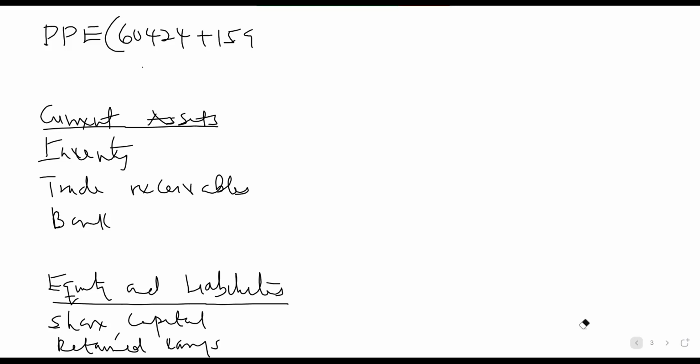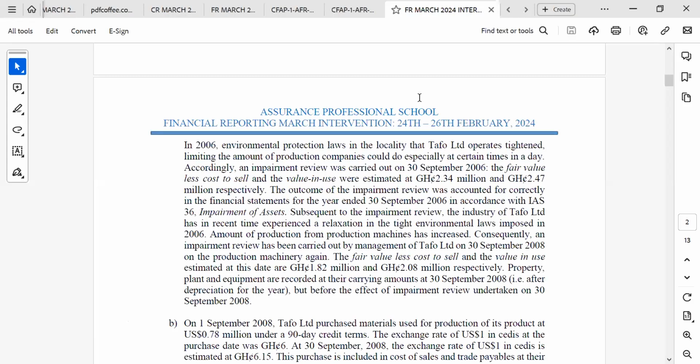All right, so let's take the second footnote. It's very simple. On September 1, 2008, Tafo Limited purchased materials used for production of its product at $0.78 million, under 90-day credit terms.